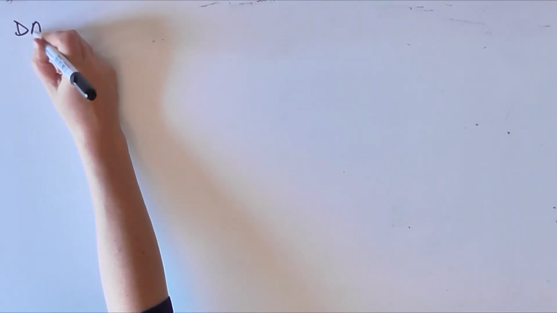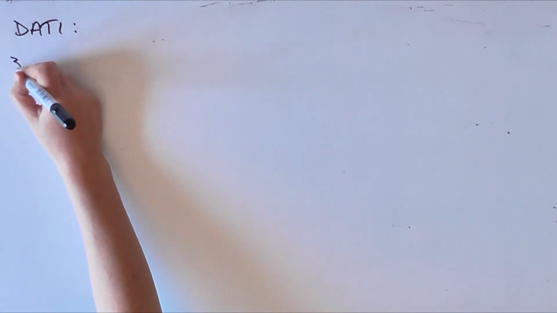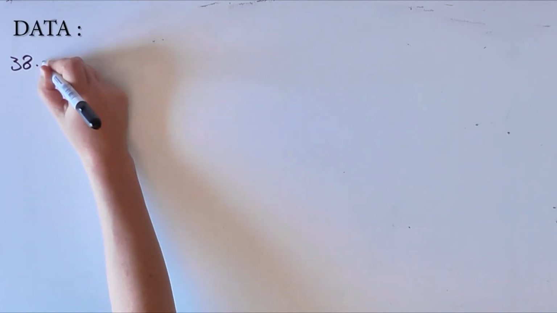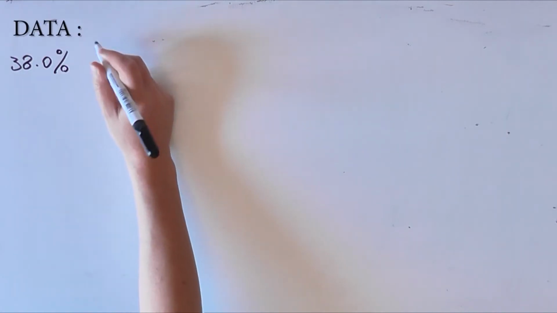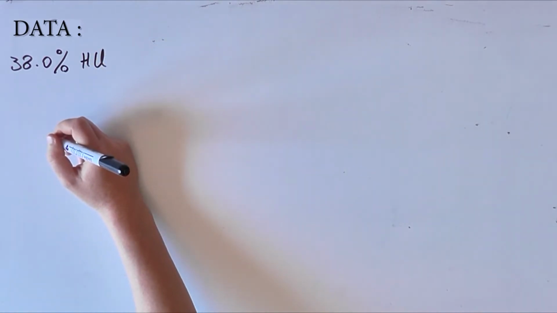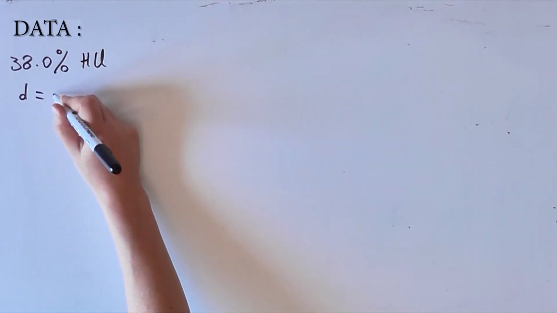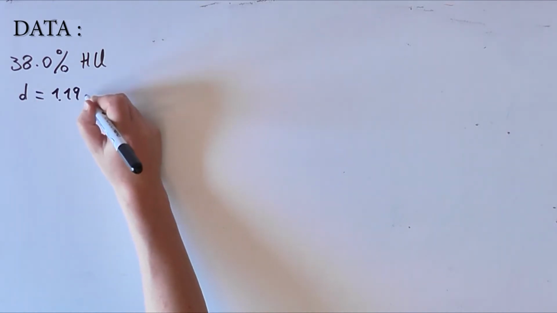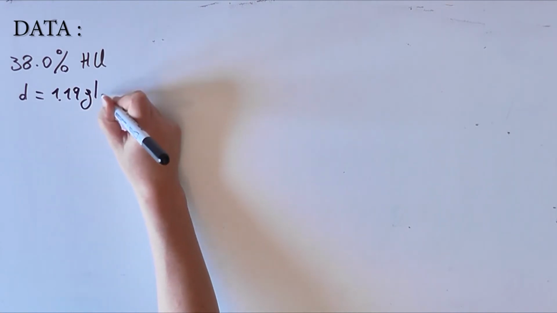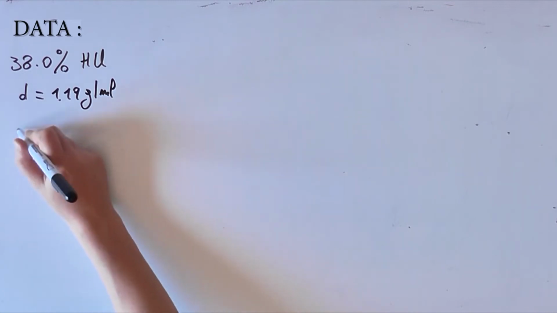So the data are: we have a solution of 38% HCl, and I know that the density of this solution is 1.19 grams per milliliter.